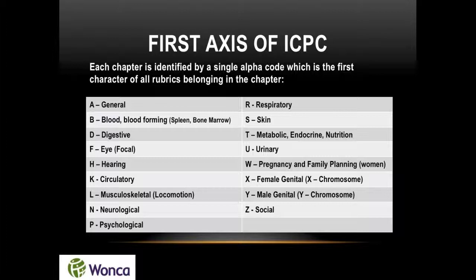A is for general, B for blood or blood-forming organs, which are the spleen and bone marrow, D for digestive, F for eye or ocular, H for ear or hearing, K for circulatory, L for musculoskeletal or locomotion, N for neurological, P for psychological, R for respiratory, S for skin, T for metabolic, endocrine and nutrition, U for urinary, W for pregnancy and family planning, which are all for women, X for female genital or X chromosome, Y for male genital or Y chromosome, and Z for social.